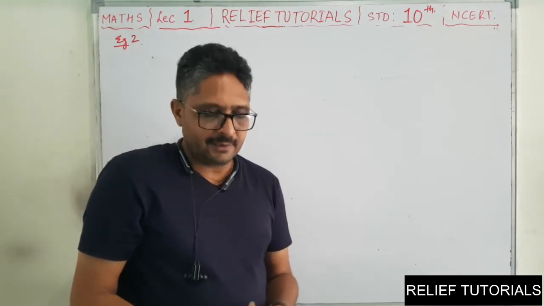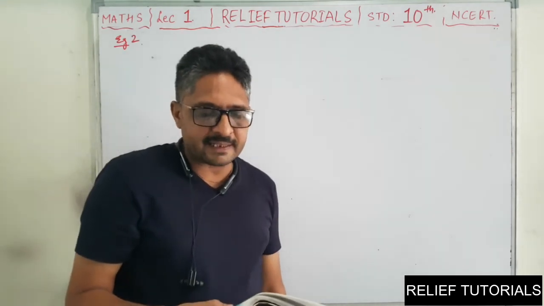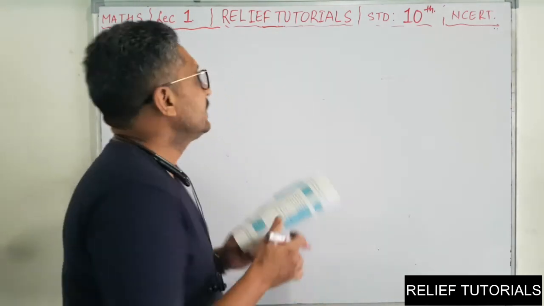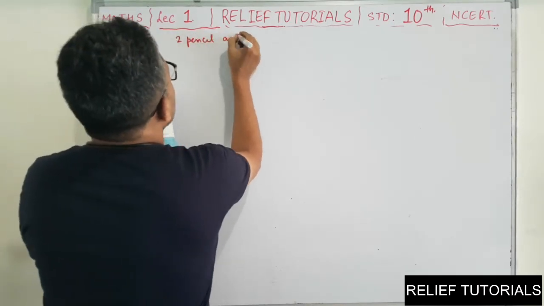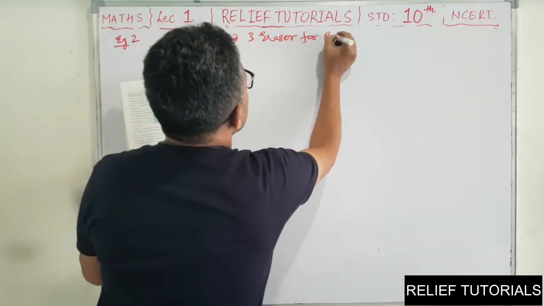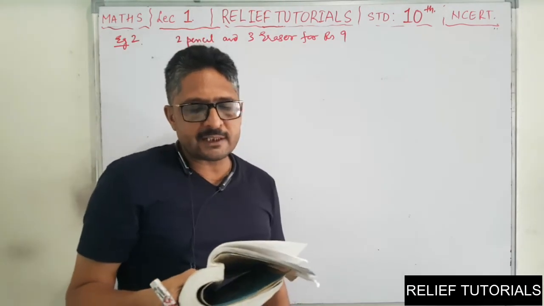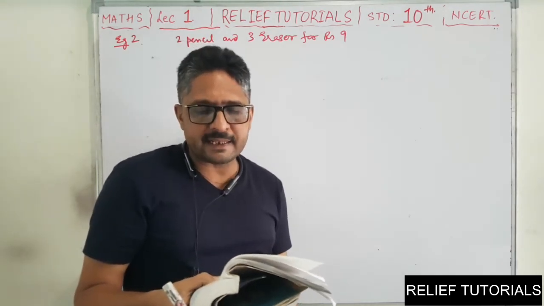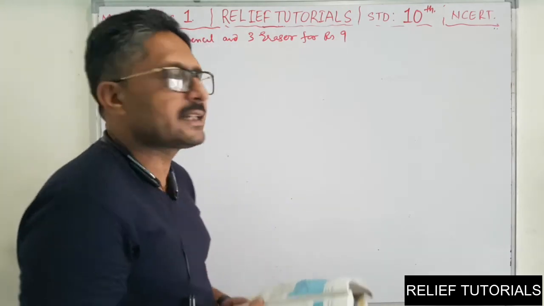Romila went to a stationery shop and purchased 2 pencils and 3 erasers for ₹9. Okay. Her friend Sonali saw the same new variety of pencil and eraser with Romila, and she also bought 4 pencils and 6 erasers.